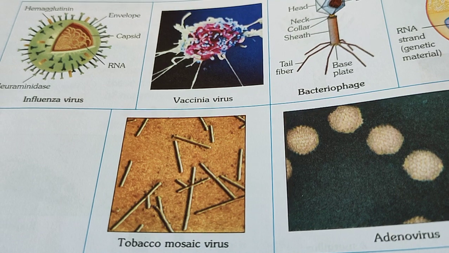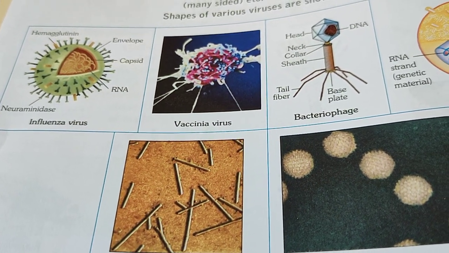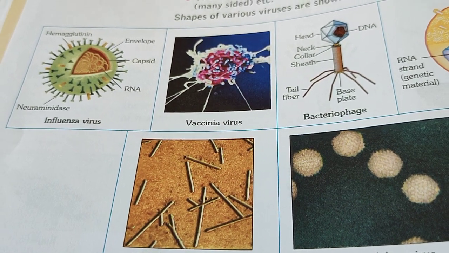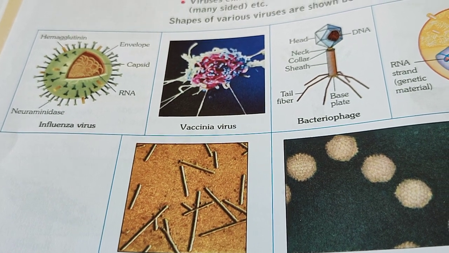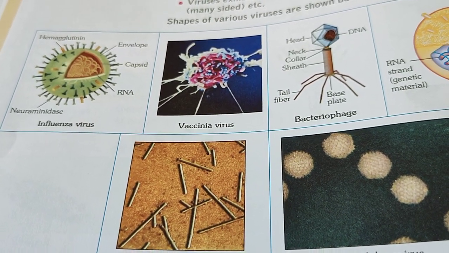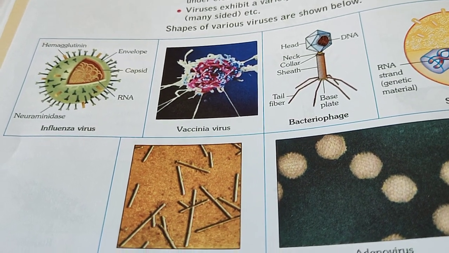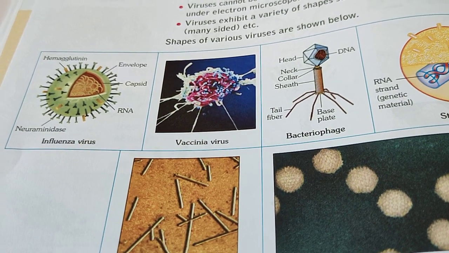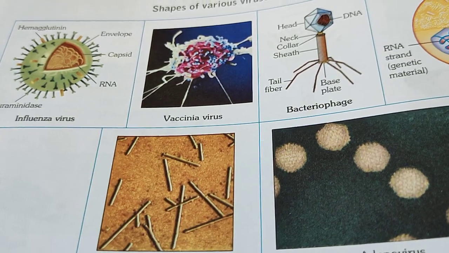So when a virus enters a cell of its host, it multiplies inside and a large number of virus particles are produced by that. After a large number of virus particles are produced, the host cell bursts and new virus particles enter into the other cells of the host. So that is how they infect.